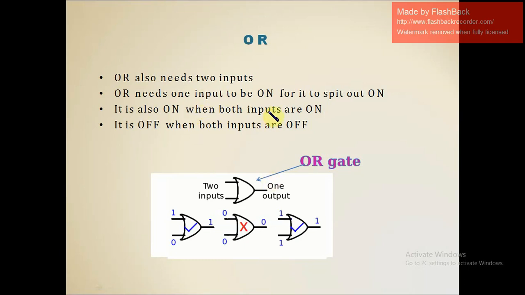Here are the details: for OR we require two inputs and one output. When we give one true value and one false value, it generates 1. When we give false values, it generates false. When we give true values, it generates true.